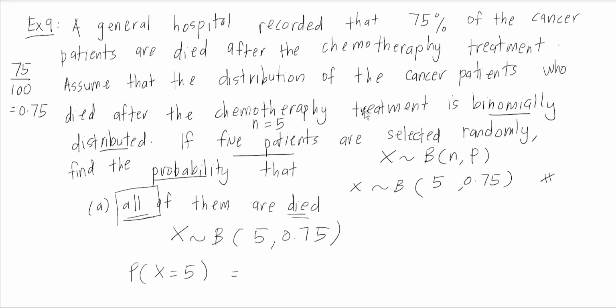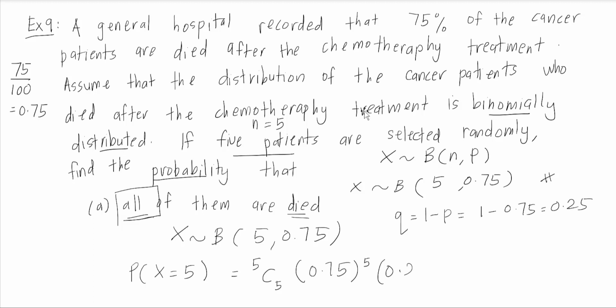So we have N equal to 5, our X is also 5, and our P is 0.75. Now, what is our Q? Q is 1 minus P, 1 minus 0.75, that means we have 0.25.